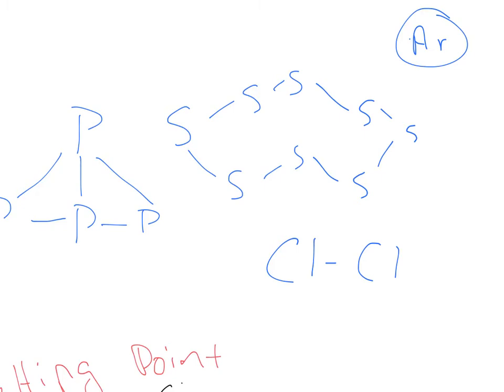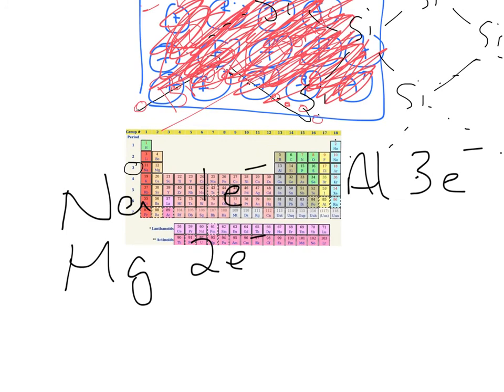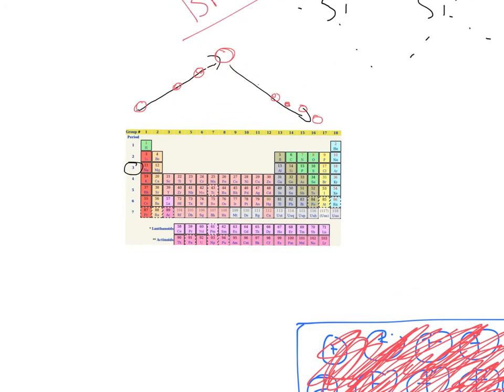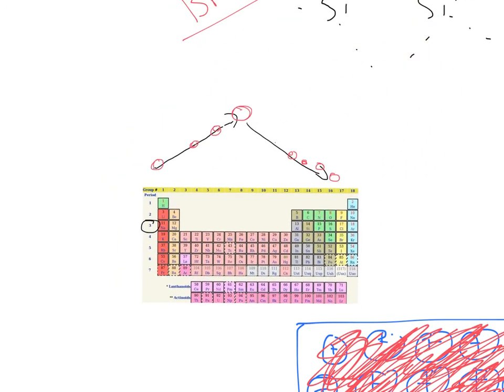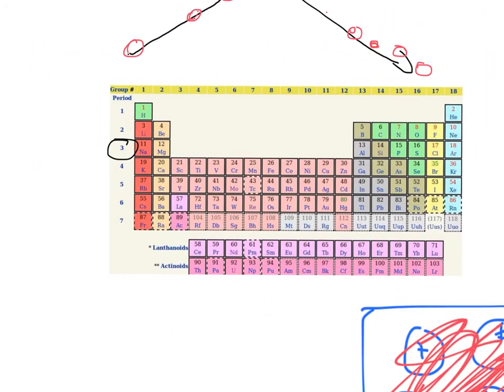Now the second thing I wanted to bring up is reactivity. Reactivity works like this. Ignoring my noble gases, for metals, from lithium on down, the reactivity goes like this. But for my halogens, my group 17 guys, it goes like this.